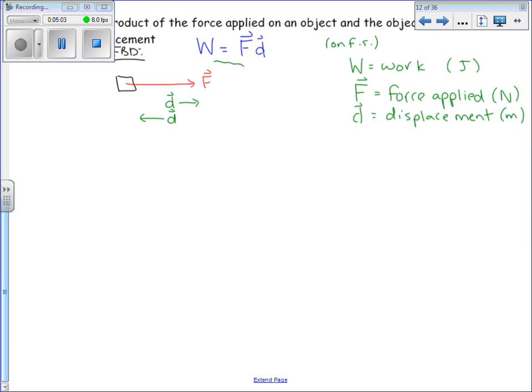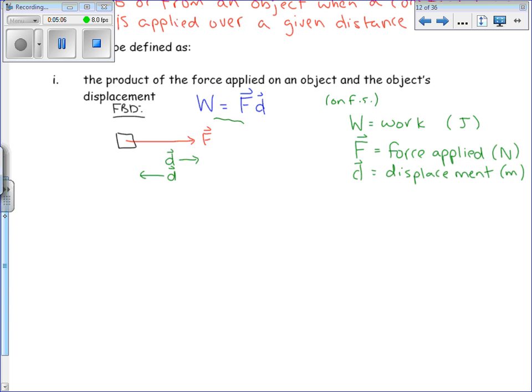We have other situations, though, that we've talked about with forces. If we have a free body diagram, but let's say the force is applied at an angle, there's some sort of angle in there, but our displacement is still in one of the planes, either the horizontal plane or the vertical plane.